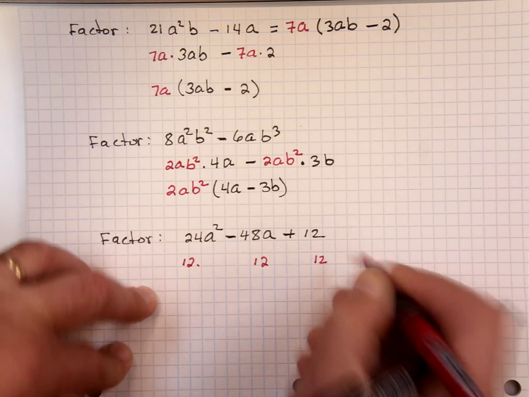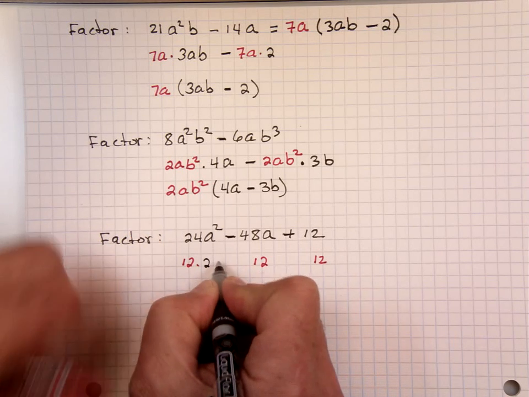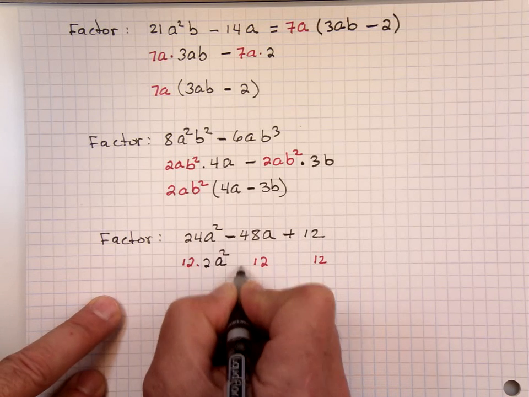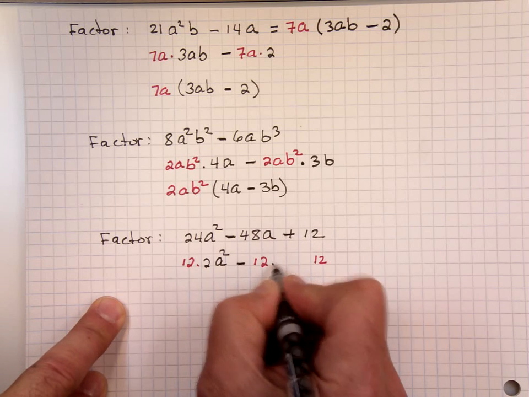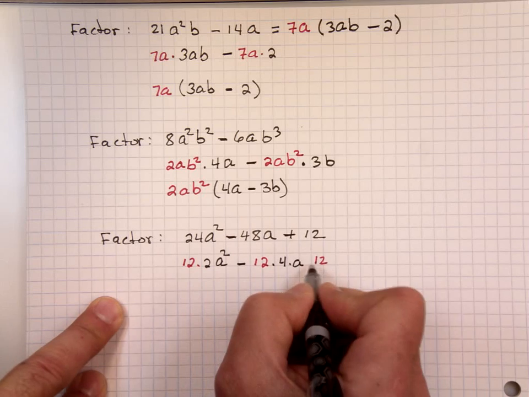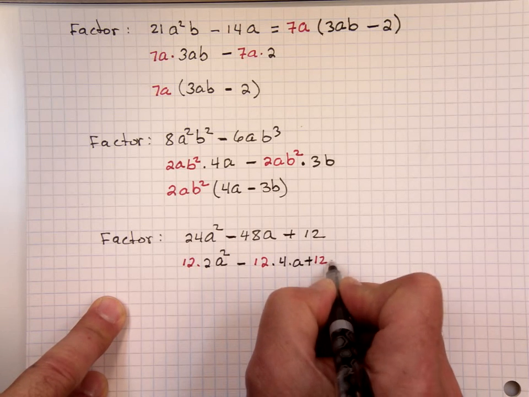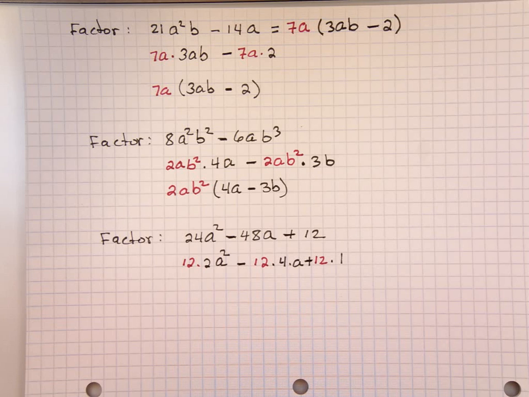So that's 12 times 2 times a squared. That's 12 times 4 times a. And the 12 is 12 times 1. You have to put the 1 there. So when you look now, the greatest common factor, the only thing they share, they can't take any a's. This doesn't have any a's in it.